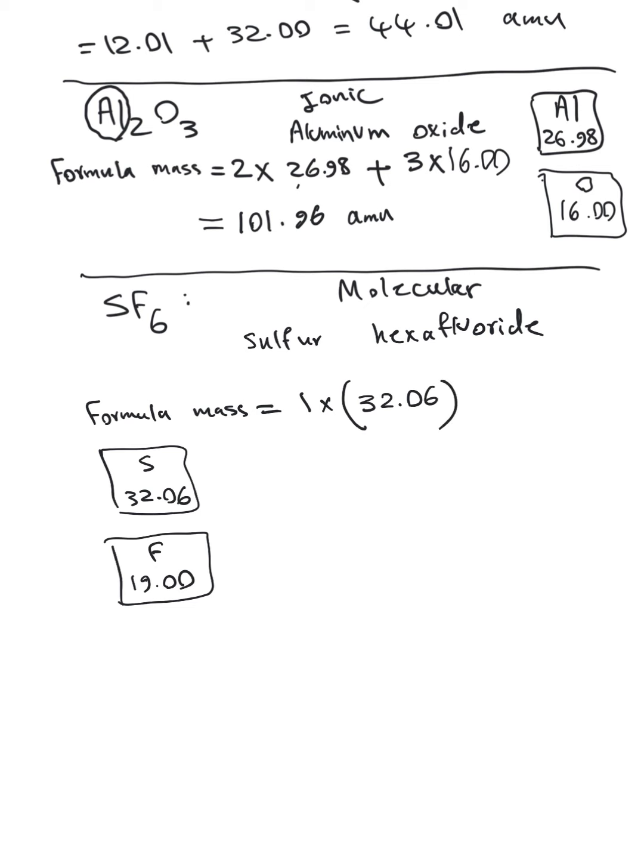So we have 1 sulfur plus how many fluorine? Exactly. And when you do the math, it was 146.06 AMU.